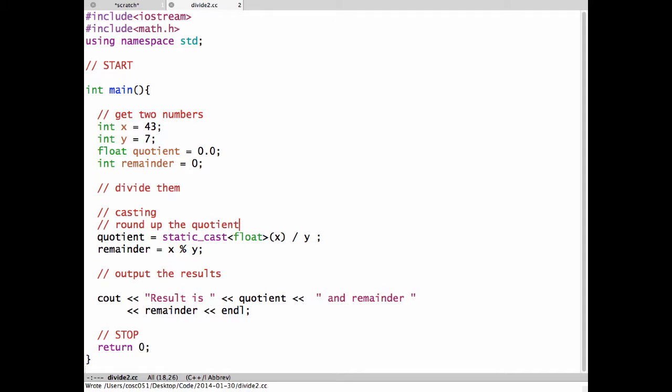Okay, so here's what we're going to do: round up the quotient. When we talked about division, we knew that when we used the division sign, we would either divide using integer division or floating point division. How do we tell the two apart? I have a caramel for the person who answers. Ready? Go.